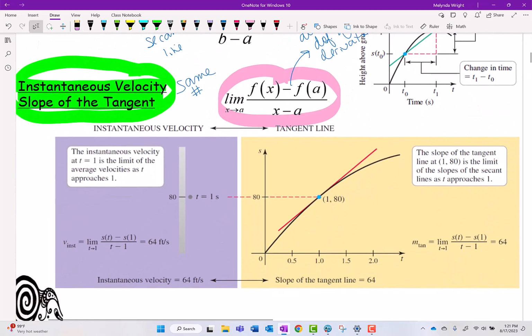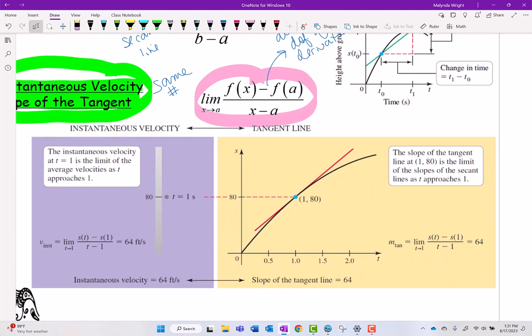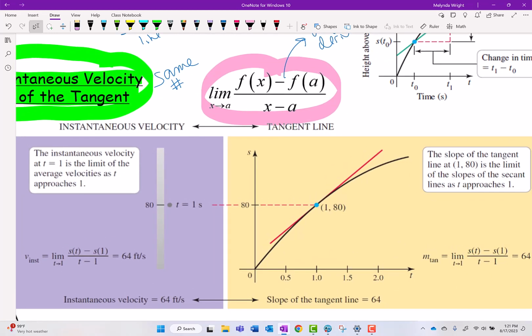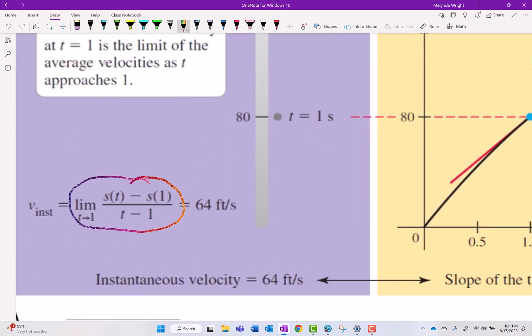So here are two different visual representations of instantaneous velocity and the slope of the tangent line. And again, we're not doing these kinds of limits today, but if we were to take the limit of, let me just make this a little bit bigger. So this S, and maybe you remember this, I bet they use this in physics, S of t is a position function.